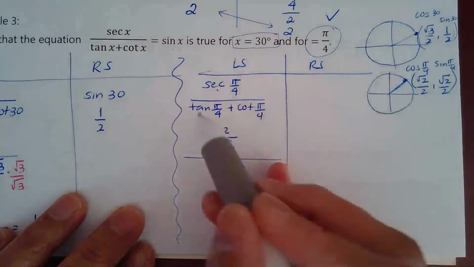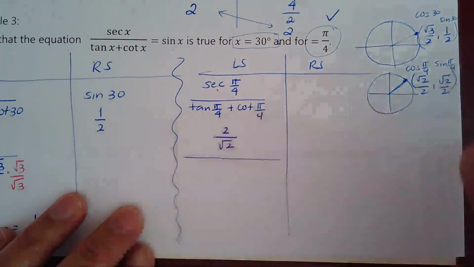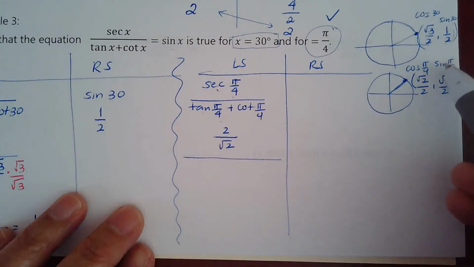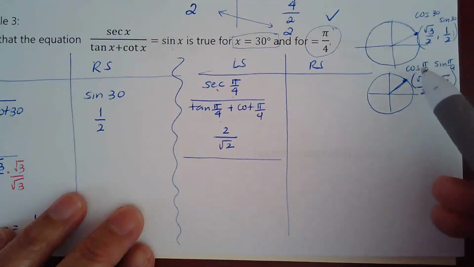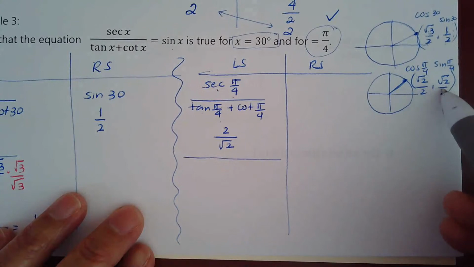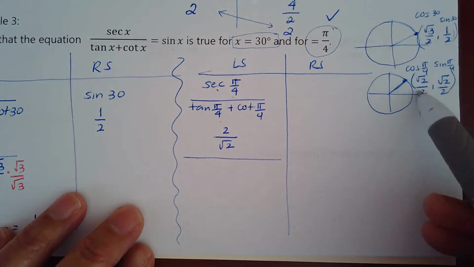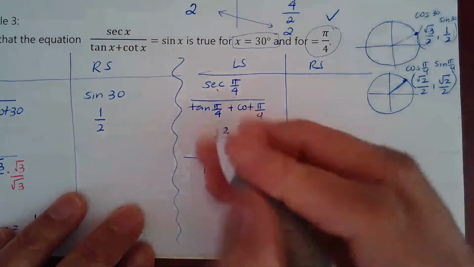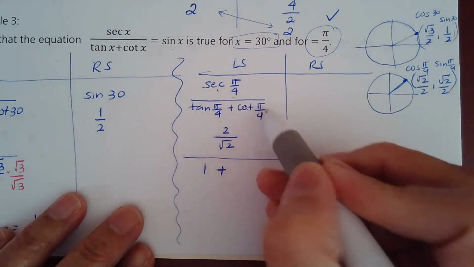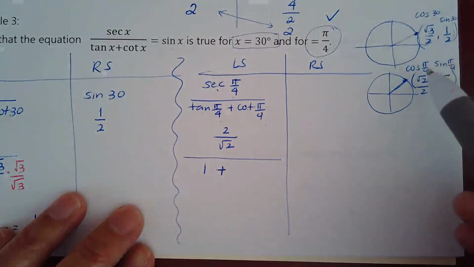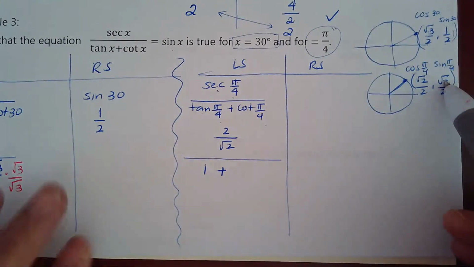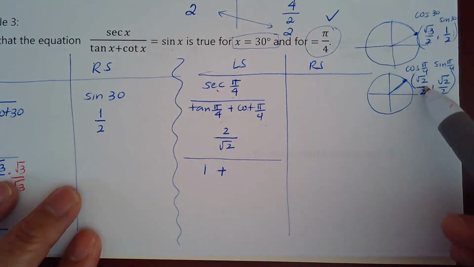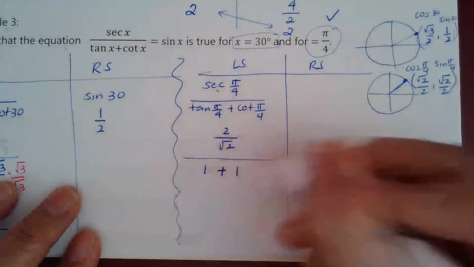Divided by, what's tan of pi by 4? Tan is sine of pi by 4 divided by the cosine. So root 2 over 2 divided by root 2 over 2, which is 1. Plus cotangent of pi by 4. Cotangent is cos theta divided by sine theta. So root 2 over 2 divided by root 2 over 2, which is 1.